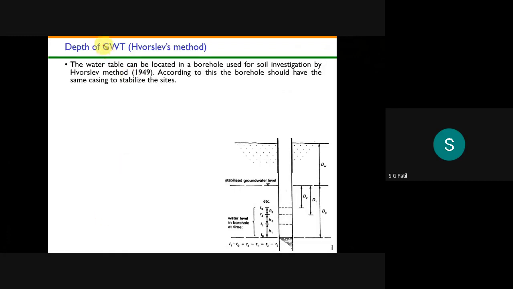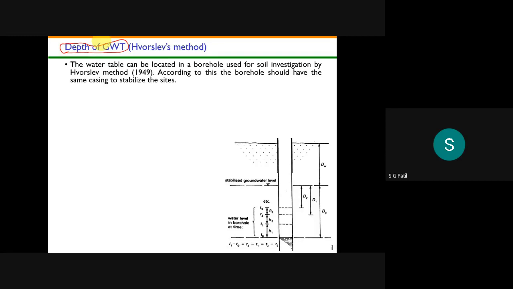The depth of groundwater table is also a very important concept, because the presence of the water table will influence the bearing capacity, structural performance, everything. It will affect my structure's stability. So it is of utmost importance for us to know where the water table is present.